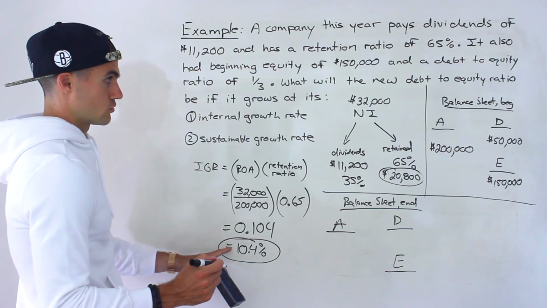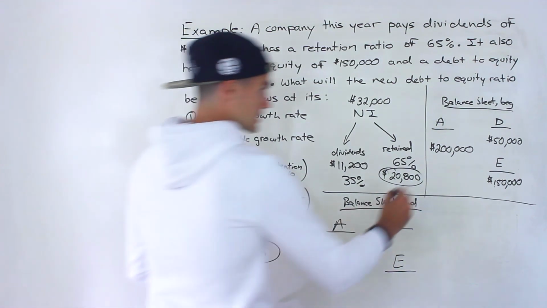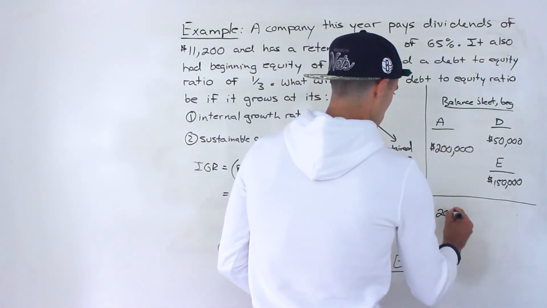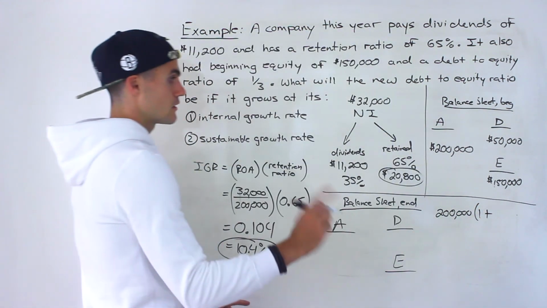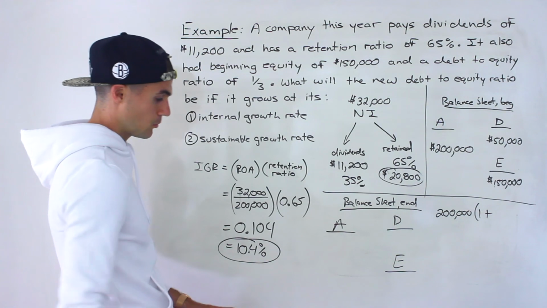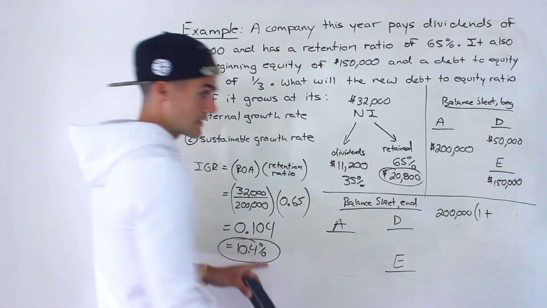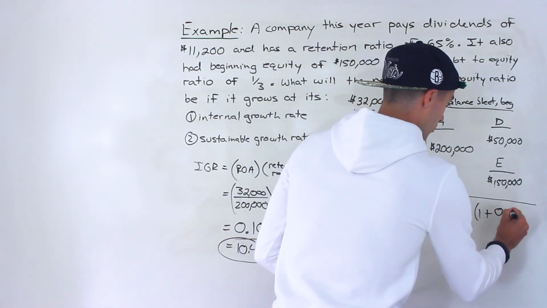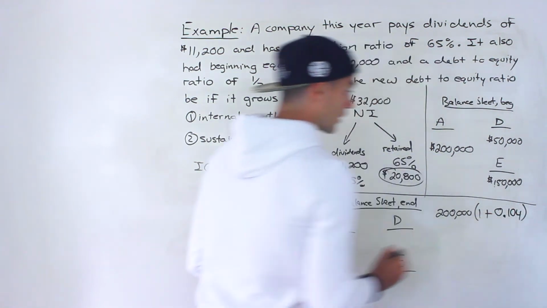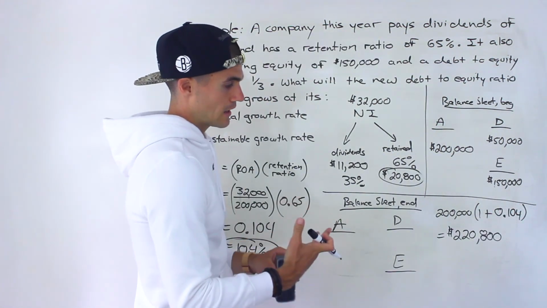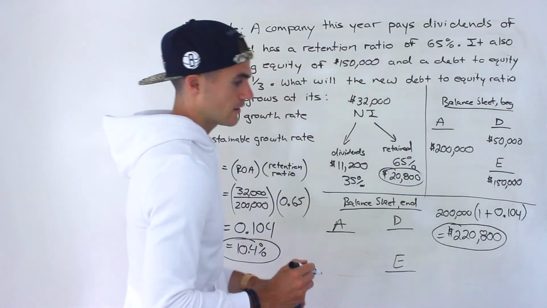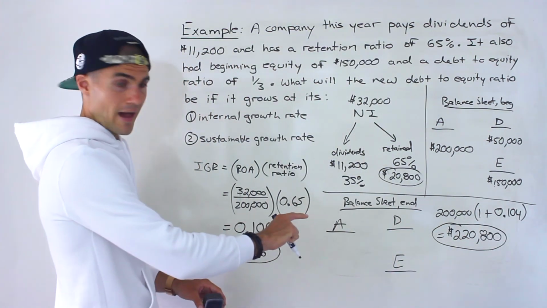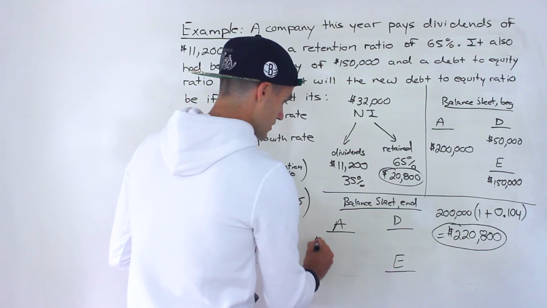To grow the assets, we got the beginning assets, 200,000, and then we would multiply that by 1 plus the growth rate, the internal growth rate of 10.4%, but we would plug in the decimal over here. So that would be 0.104, like that. And when you do that calculation, you'd end up with $220,800. So that's what these assets are going to be over here.